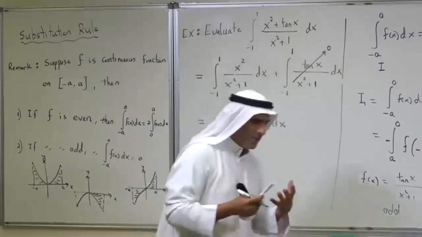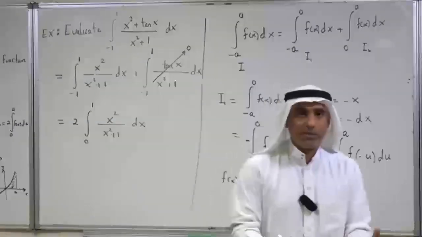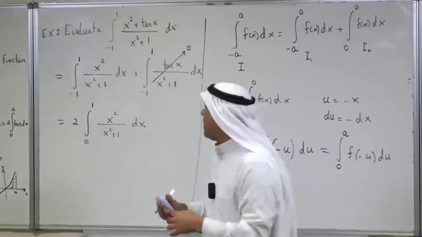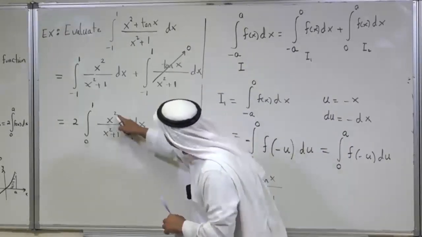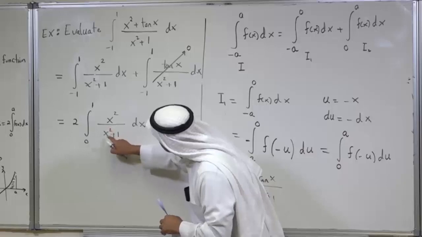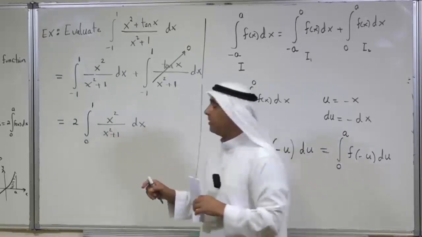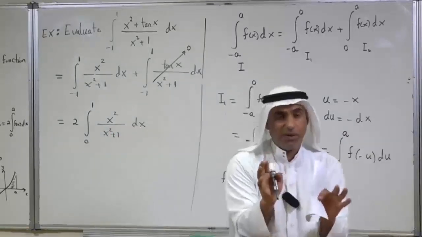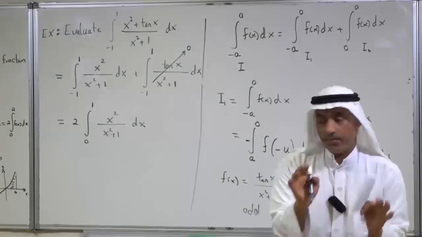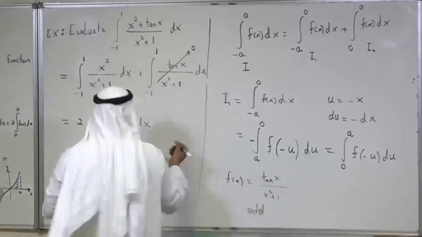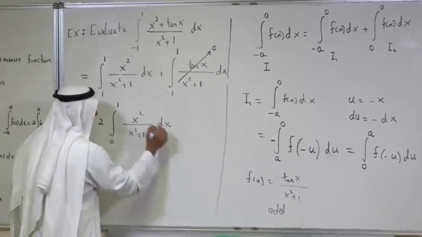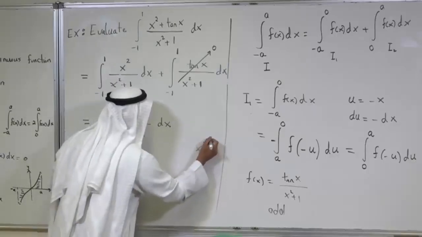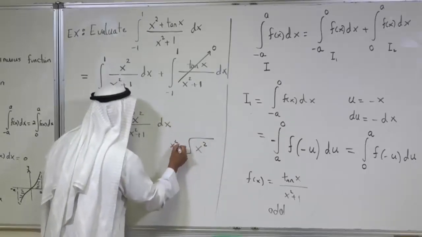How to evaluate x squared over x squared plus 1. As a recommendation for you, whenever the degree of the numerator is greater than or equal to the degree of the denominator, try to divide and simplify. I will divide x squared by x squared plus 1, or I can also add 1 and subtract 1. It's up to you.